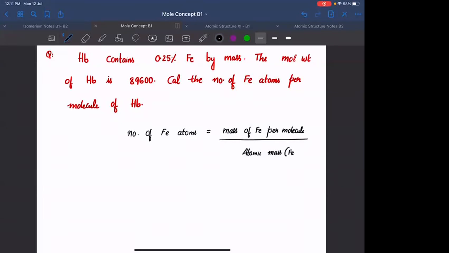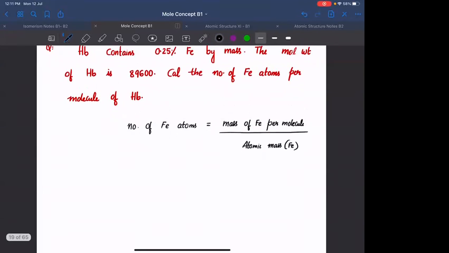Any doubt? What is the mass of iron per molecule?